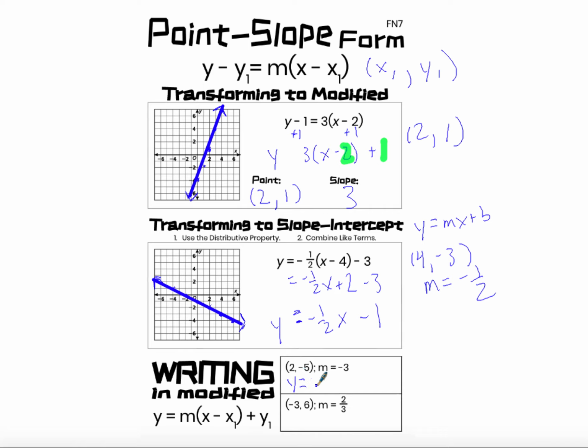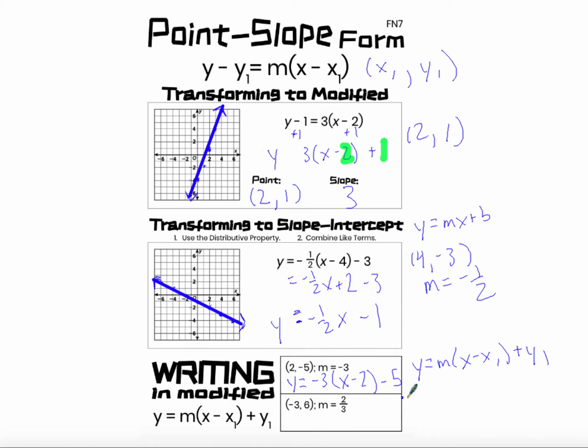So y equals negative 3 parentheses is the easy part. And then I need to write, so modified point-slope form was m times x minus x1, plus y1. So I need to subtract my x-coordinate, minus 2, and then plus y1. So plus negative 5 or minus 5.